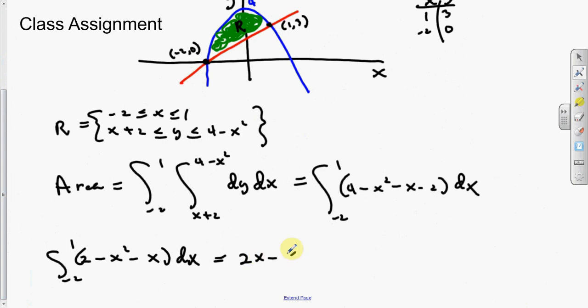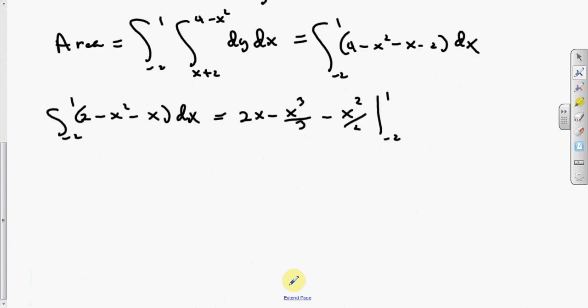And so integrate with respect to x. This is 2x minus x cubed over 3, minus x squared over 2, evaluated from negative 2 to 1.